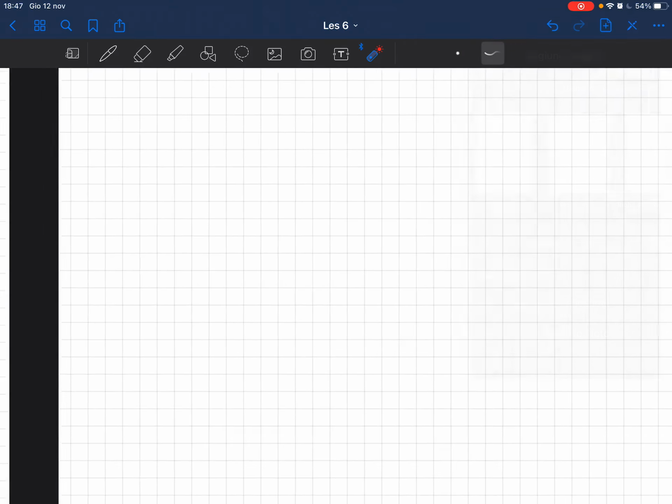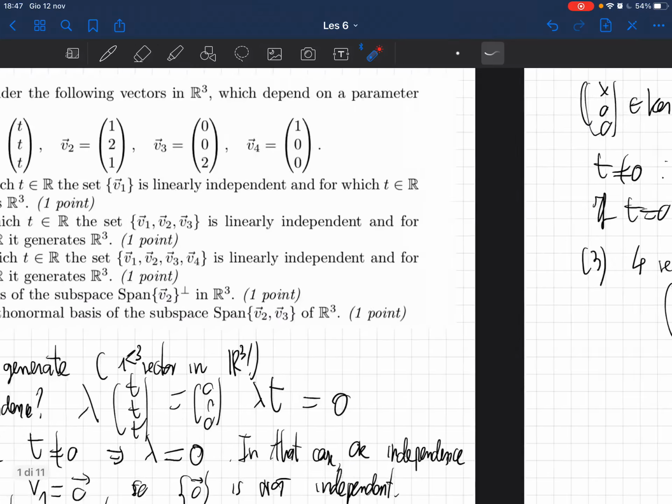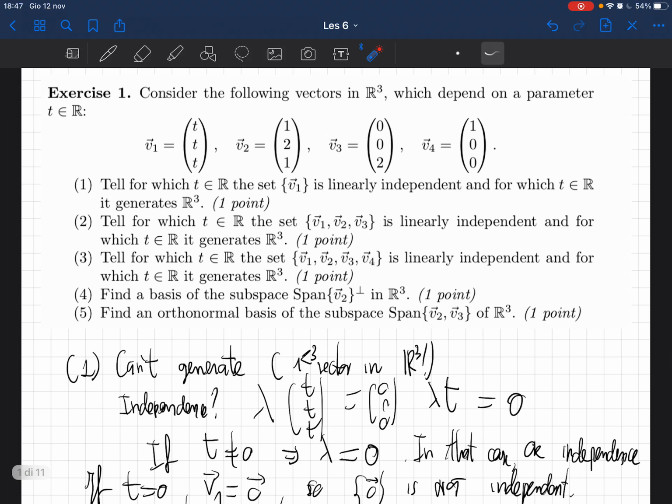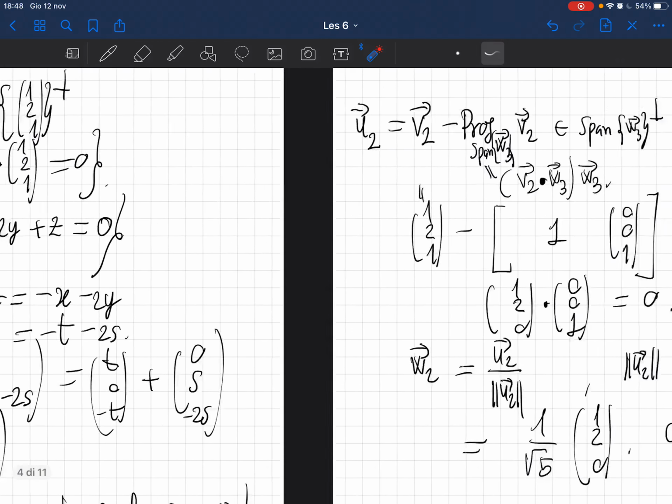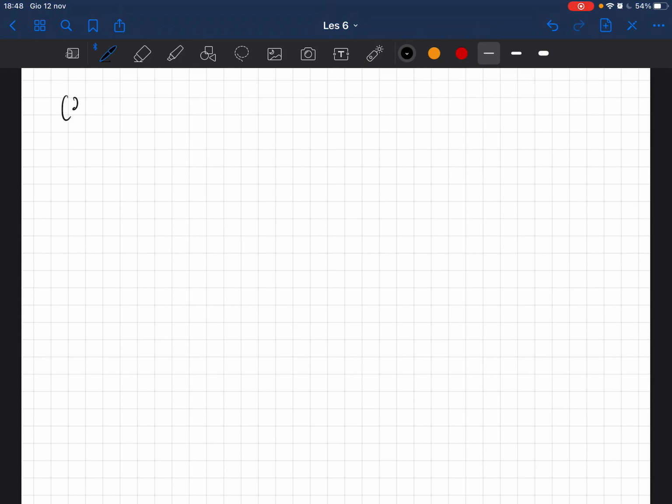Okay, we go on, new, and here now comes, I think, the orthogonality part. Yes, so a basis of the subspace span V2 orthogonal, 1, 2, 1 orthogonal, okay, 3, let's see, 3.